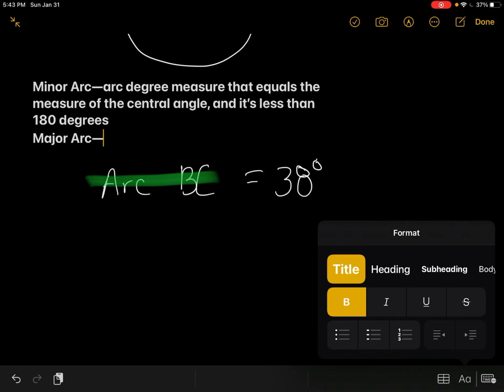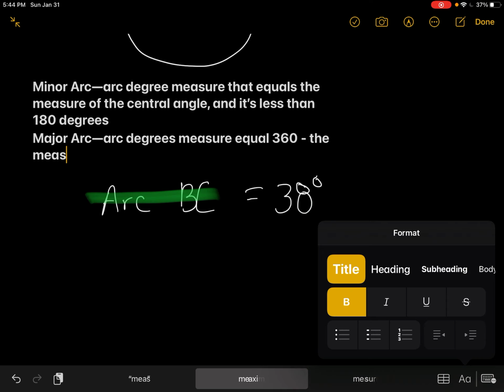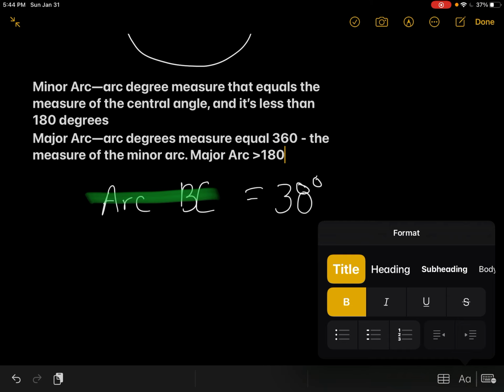So for this, we use the same terms, but the arc degree of this equals the full measure of the circle, so 360 minus the measure of the minor arc. In this case, the major arc is greater than 180 degrees. So what does that mean?